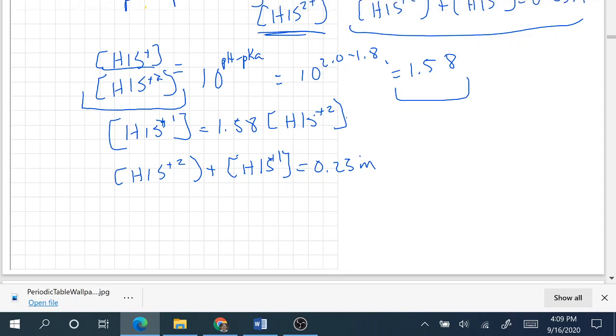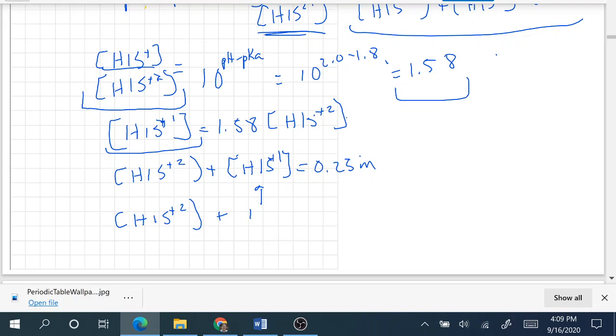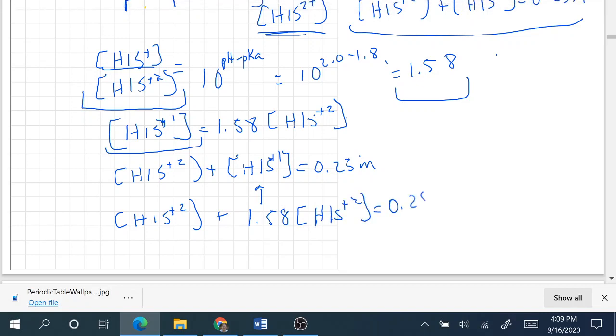Okay, and so we can take this His plus 1 and plug it in right here. Okay, so we can say that 1.58 times His plus 2, and we can plug it in here. So His plus 2 plus 1.58 times His plus 2 is equal to 0.25 molar.